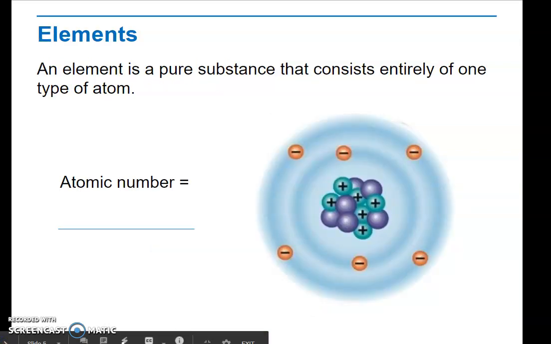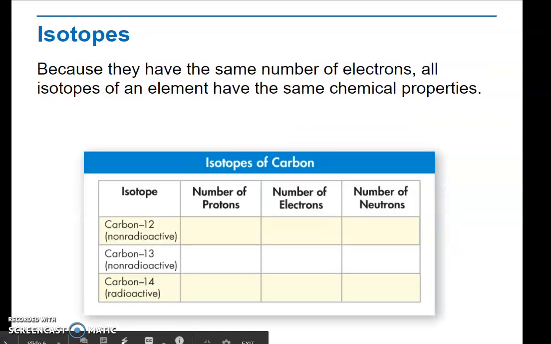In this slide, we are looking at an element, and you know the definition of an element. So we are going to be asking, what is the atomic number of this element? Of course, it's 6. And you know that the atomic number is given by the number of protons in the nucleus of an atom, and that different elements have different number of protons.